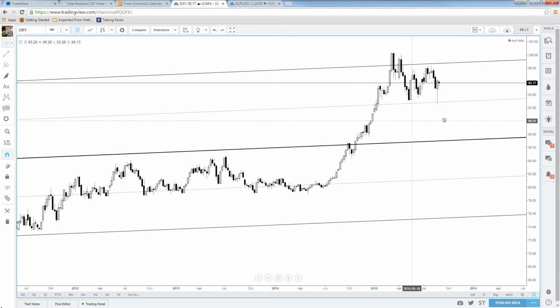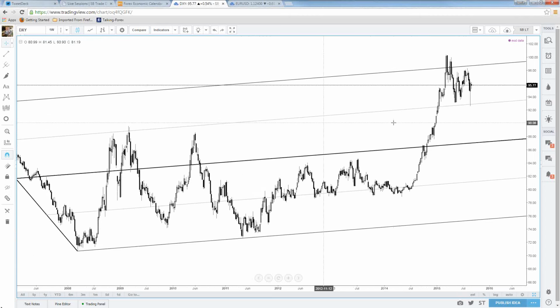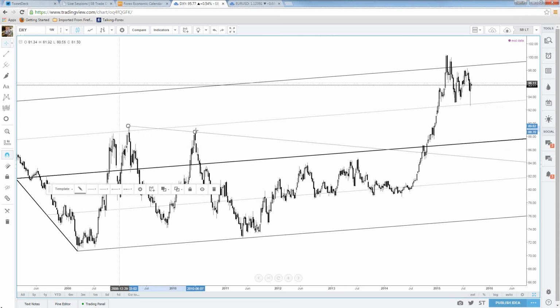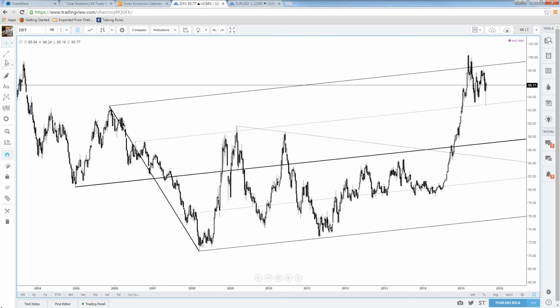So how low? Leon asking how low? Well, basically this median line. Let's try this. I'm going to attempt to answer your question, Leon.